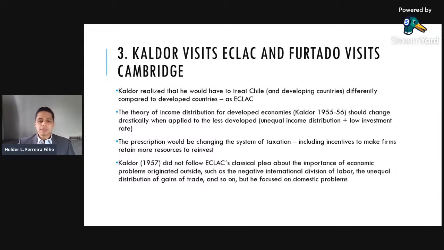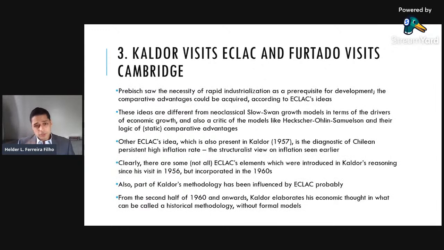Calder in 1957 did not follow a classical ECLAC plea, however, about the importance of economic problems originating outside the country, such as the negative international division of labor, the unequal distribution of gains from trade, and so on. He still focused on domestic problems, as we see, taxation and inflation. Prebisch saw the necessity of rapid industrialization as a prerequisite for development.